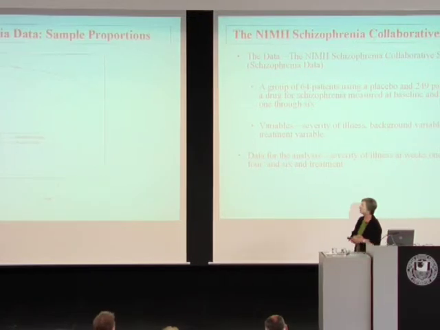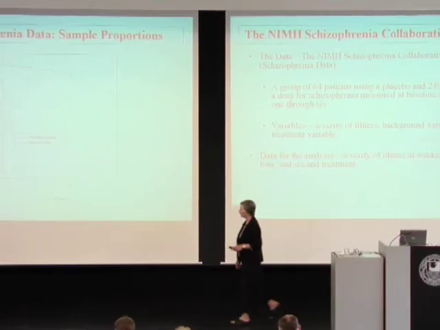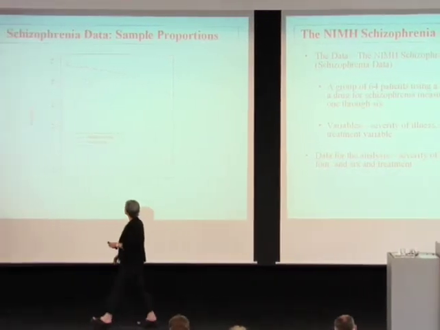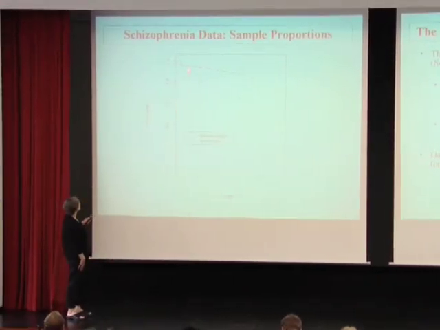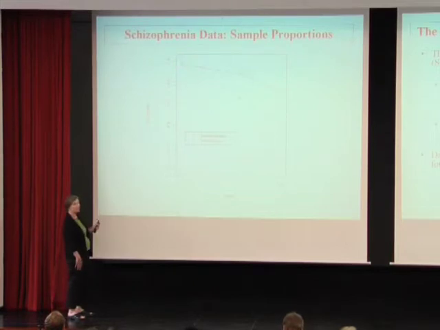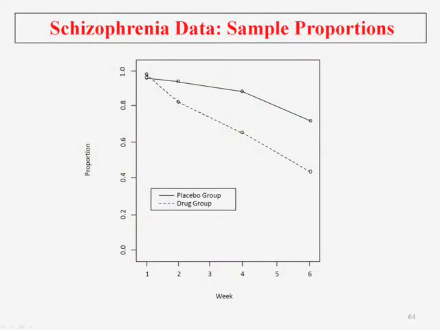And on the screen here, we see what it looks like, actually the results. So we have two groups, people are randomly assigned to placebo or drug. And we can see that they're starting in the same place.